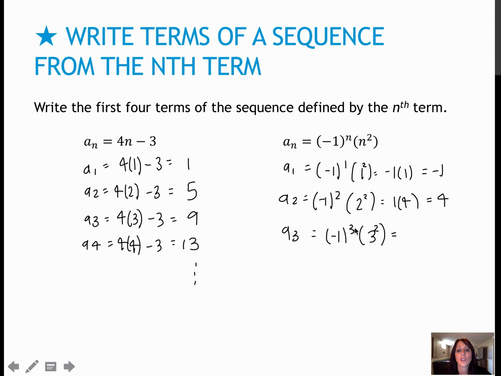So negative 1 to the third, because it's odd, would again be negative 1 times 9, which is negative 9. And then a sub 4 is negative 1 to the fourth, which again would make that positive, and 4 squared, so it's 1 times 16, which is 16. This is what's known as an alternating sequence because the sign is alternating: negative, positive, negative, positive.